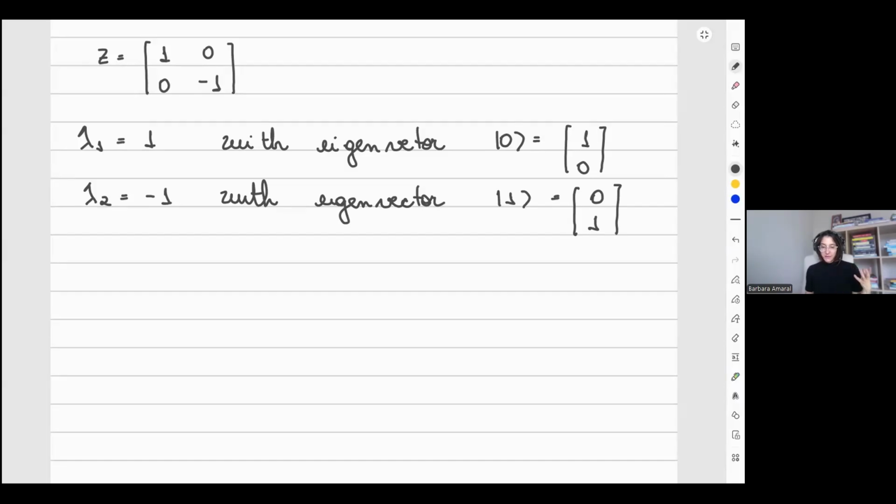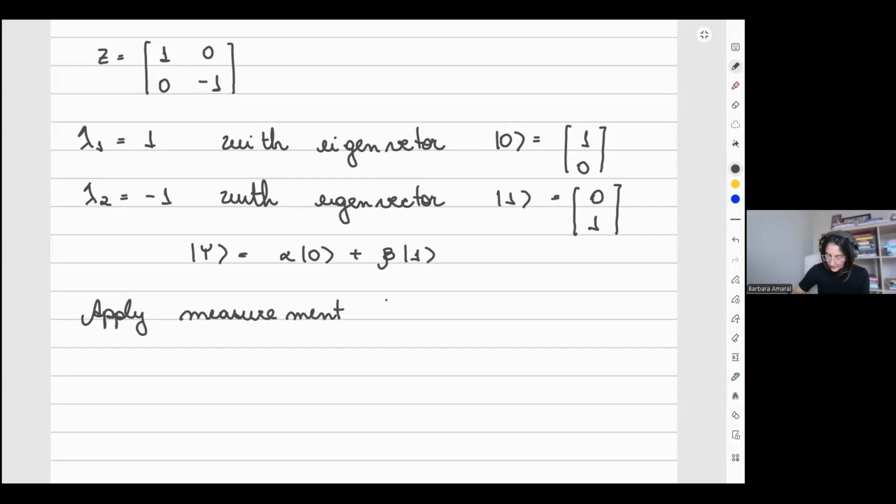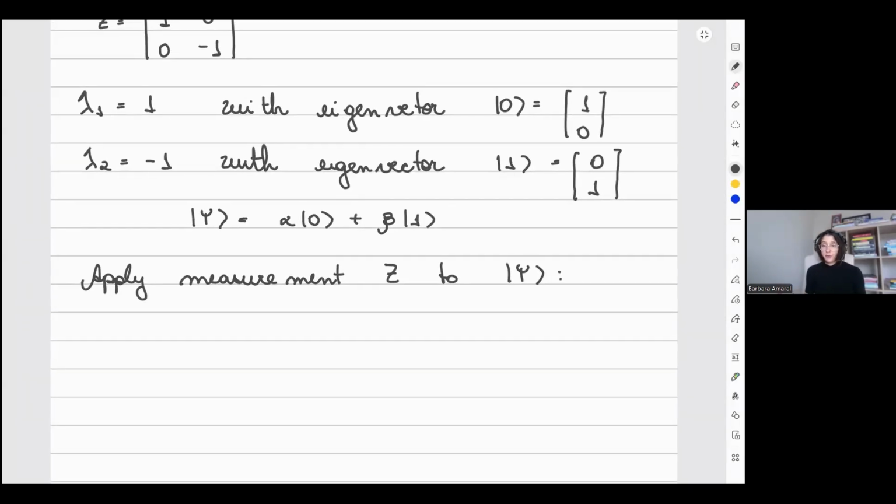And because of that, I know if I have a state like this, and if I apply measurement z to psi, I in general will have two possible outcomes.